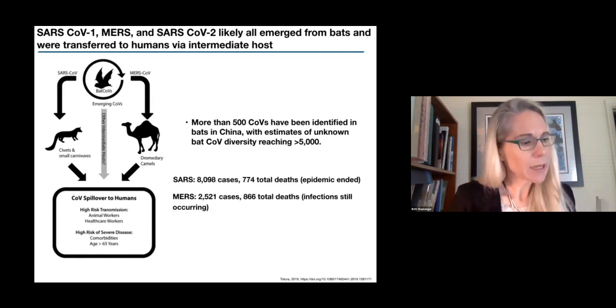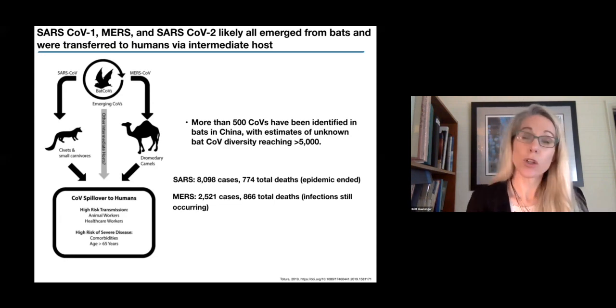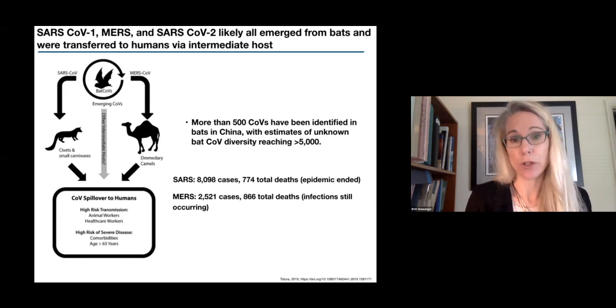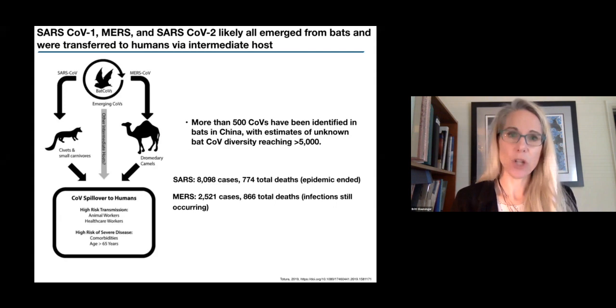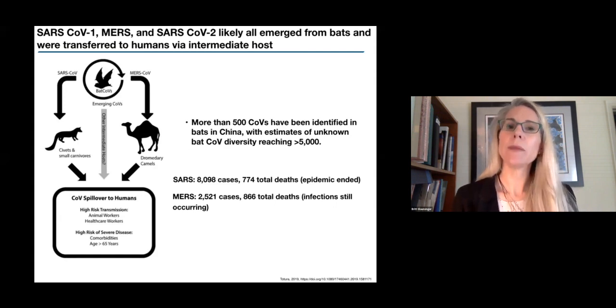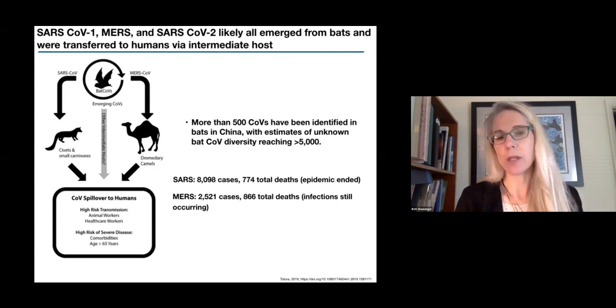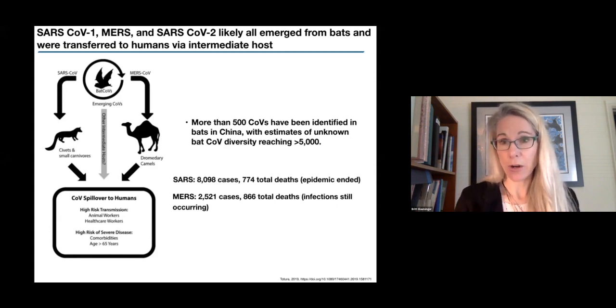So it's worth comparing the most recent spillover of COVID-2 to the 2 other zoonotic coronaviruses, SARS coronavirus and MERS coronavirus, both of which are actually more highly pathogenic than CoV-2, COVID-19, but had a more limited transmission within the human population. And so SARS was the original spillover that happened late 2002, largely was contained within about a year, so by the end of 2003.